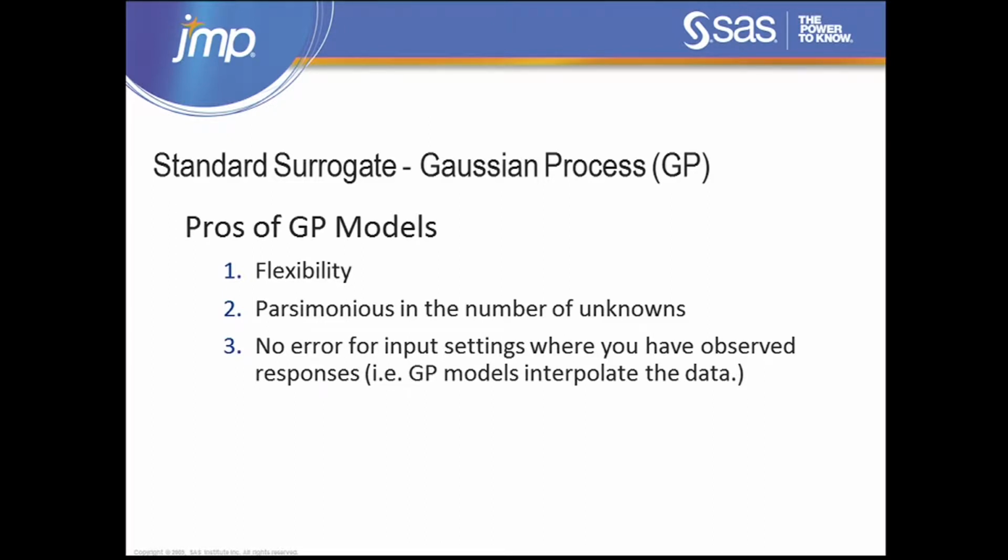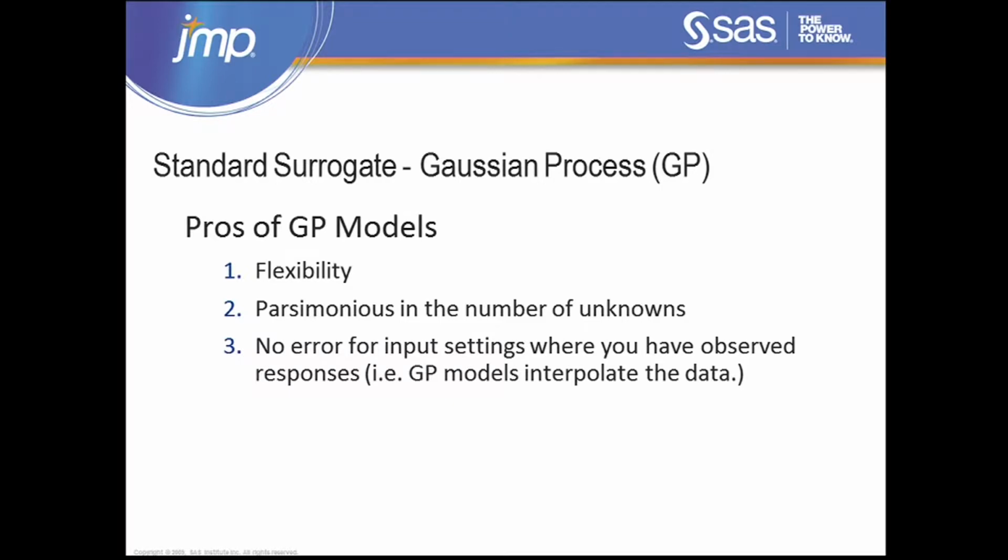There are some very strong pros to Gaussian process models. They're very flexible, so they can describe quite complex behavior. If you have 10 factors, then the Gaussian process model only involves 12 unknowns, the number of factors plus 2. So the number of parameters that you're estimating is relatively small.